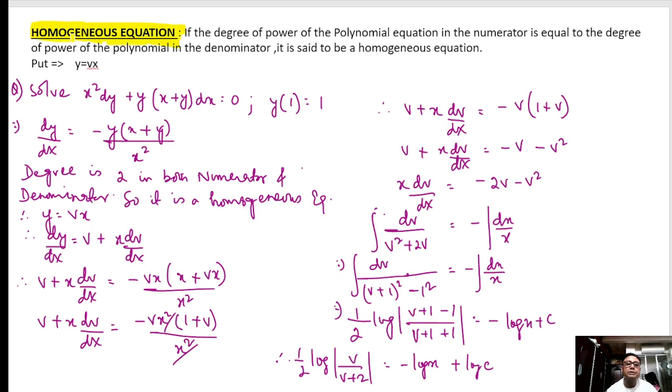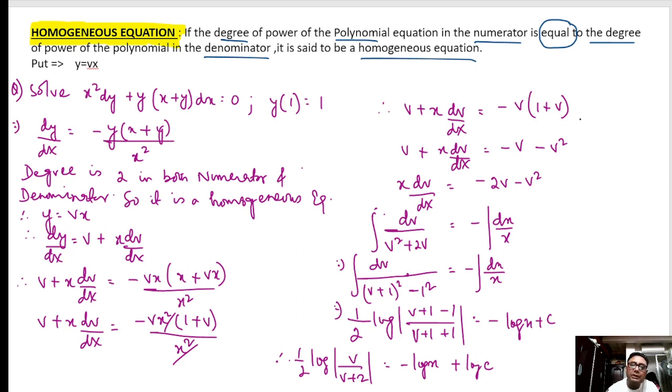When the degree of the polynomial function in the numerator and the degree of the denominator will be same, will be equal, then we call it a homogeneous equation.